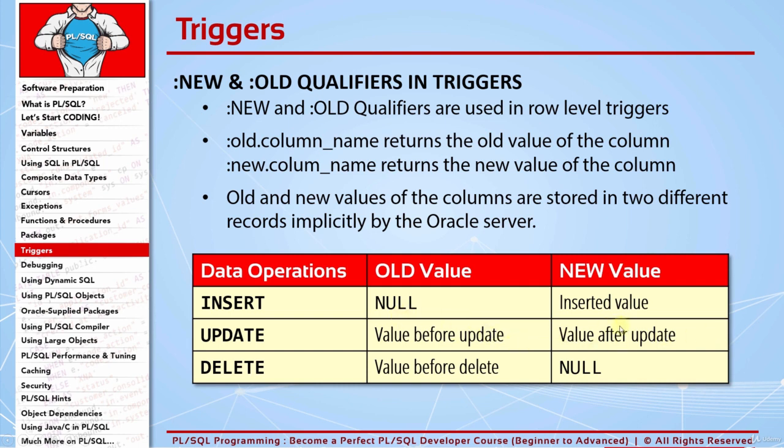But unlike a standard record, we use it with the old and new qualifiers with columns or their aliases. And if it is a delete operation, since the row is deleted, there are no new values. So the new values are null, but old values are stored into a record and we can use them with the old qualifier.